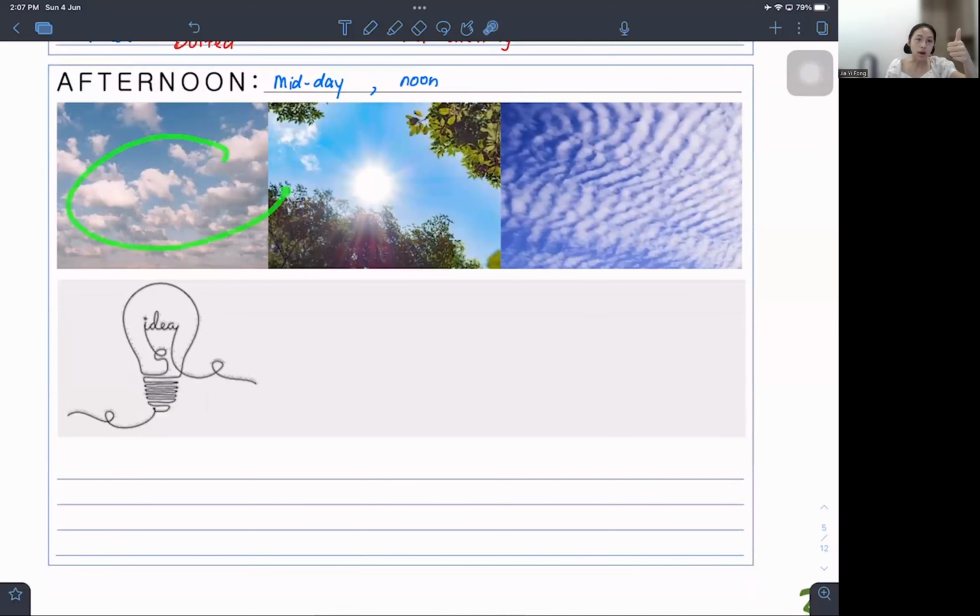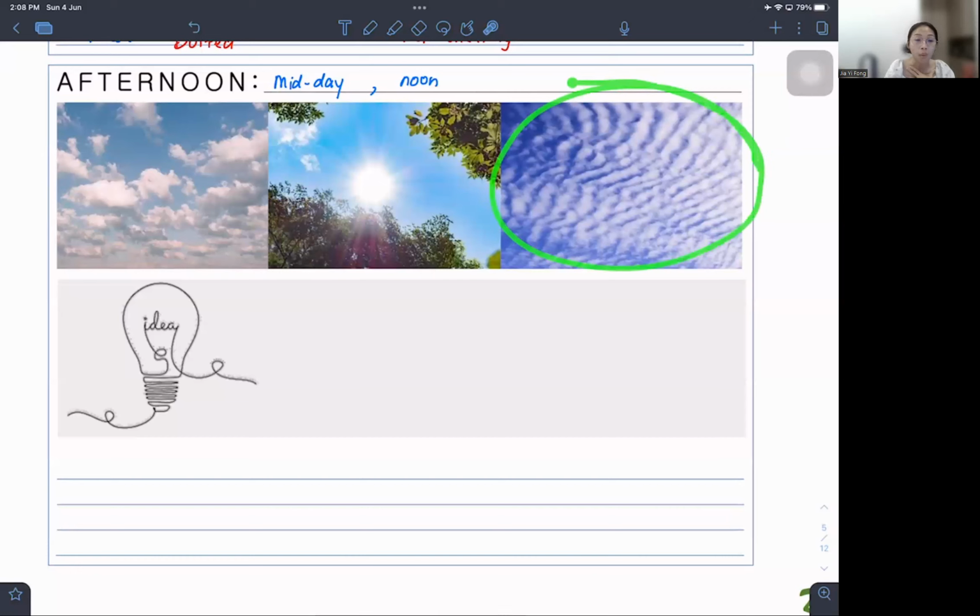Okay, we have the sun in the sky. We also have the cloud. Come, tell me, how can I describe the cloud? Fluffy. Very good. Anything else other than fluffy? Come on. Cotton-like cloud. Cotton candy light. That's all. Nebulous, white as wool. Okay, very good. Thank you. How about describing this kind of cloud?